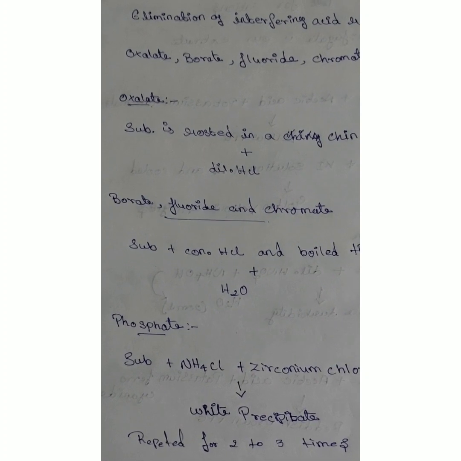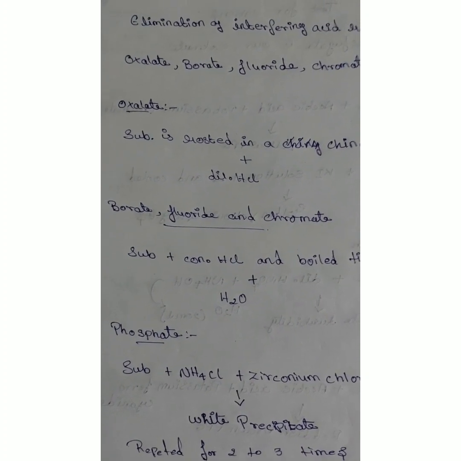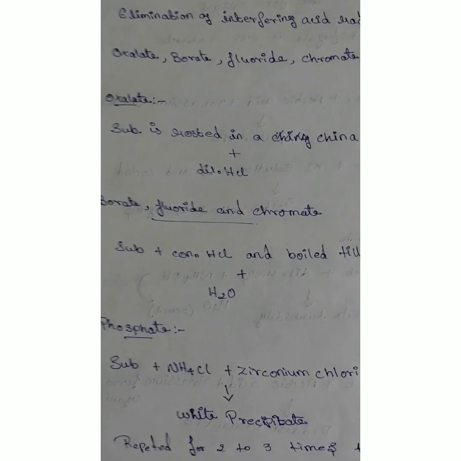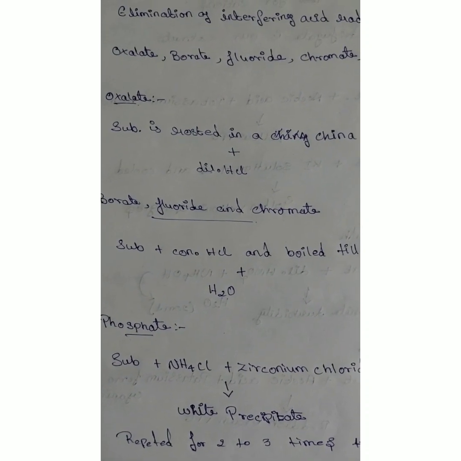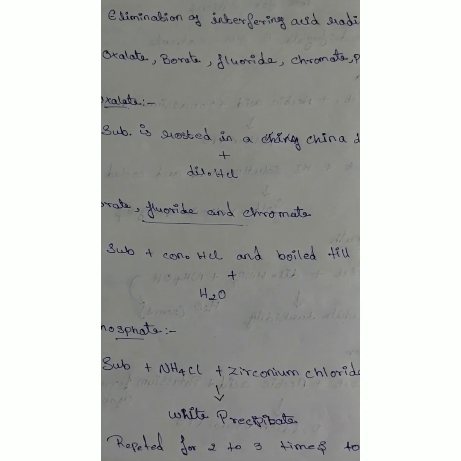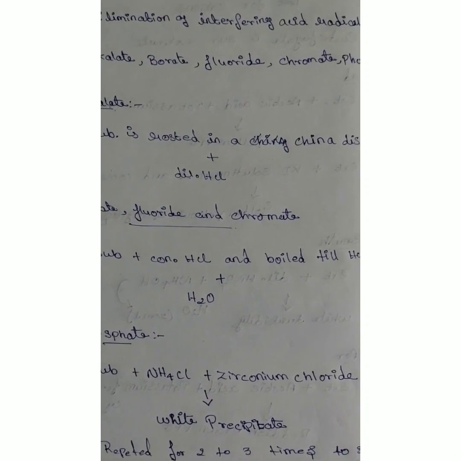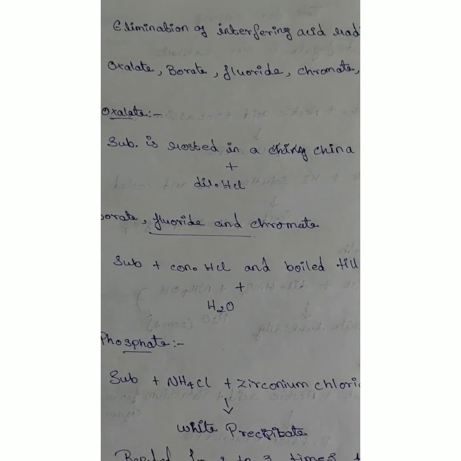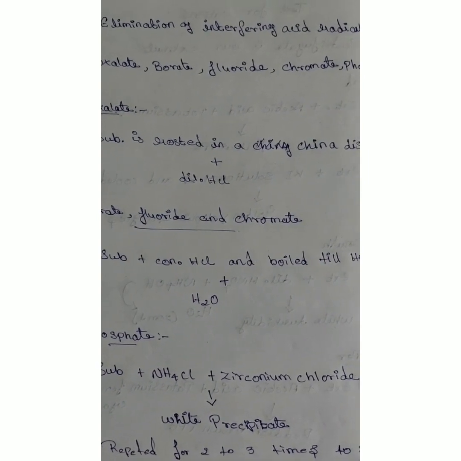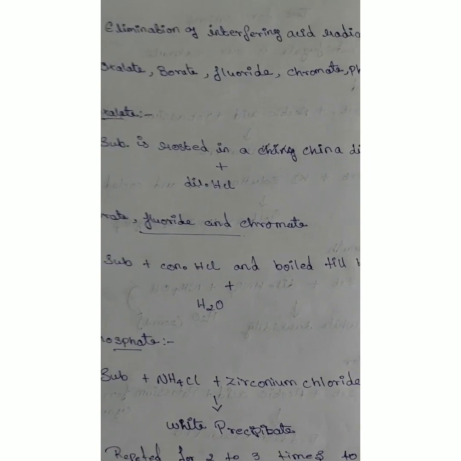The toughest method in this elimination is to eliminate phosphate. To eliminate phosphate, the substance is mixed with NH4Cl and zirconium chloride. When this mixture is mixed together, we will get a white precipitate. We have to remove this white precipitate.